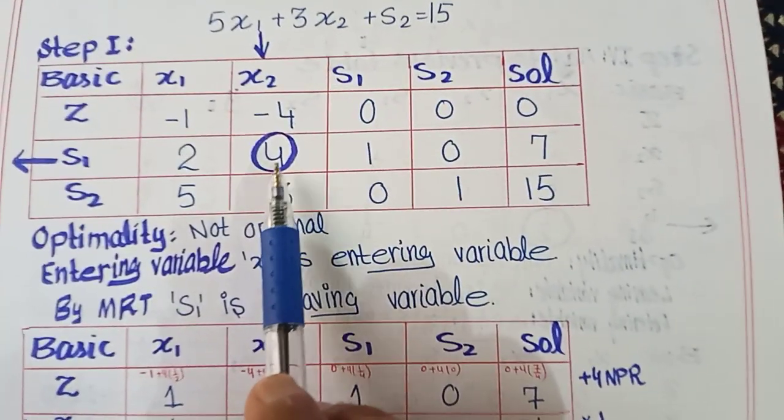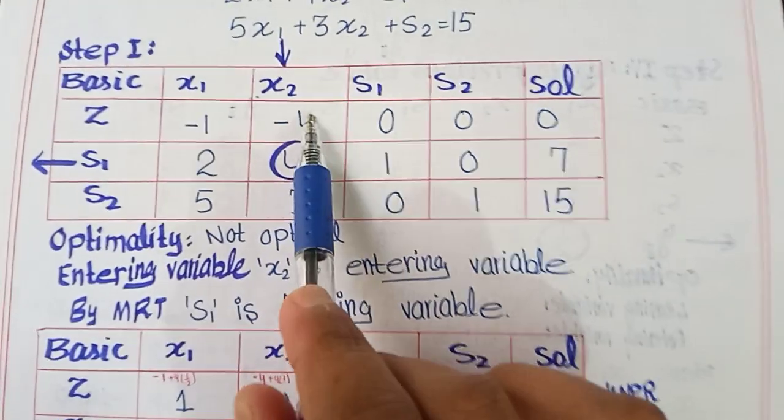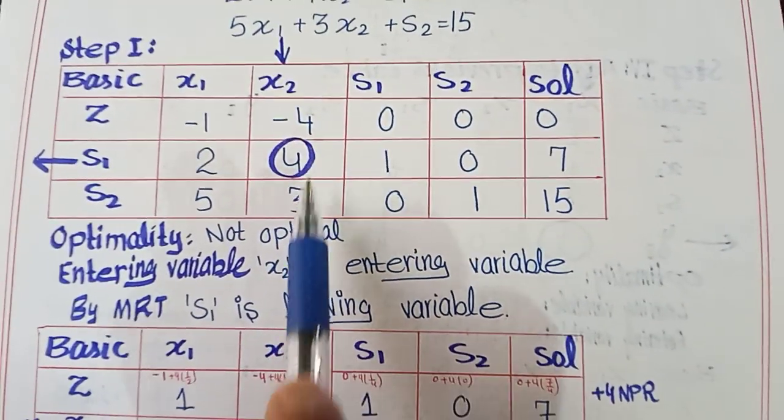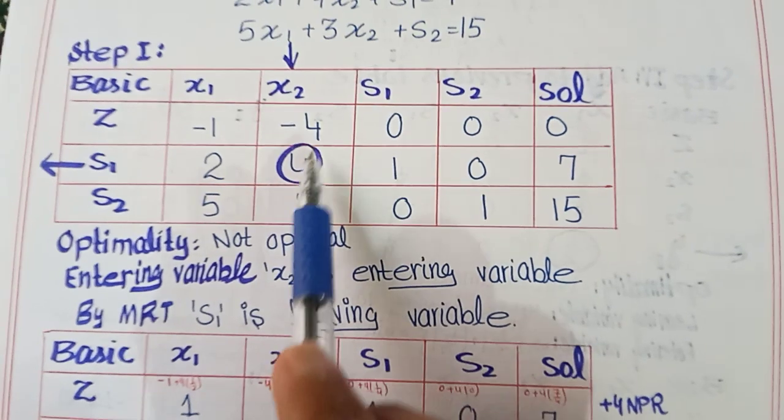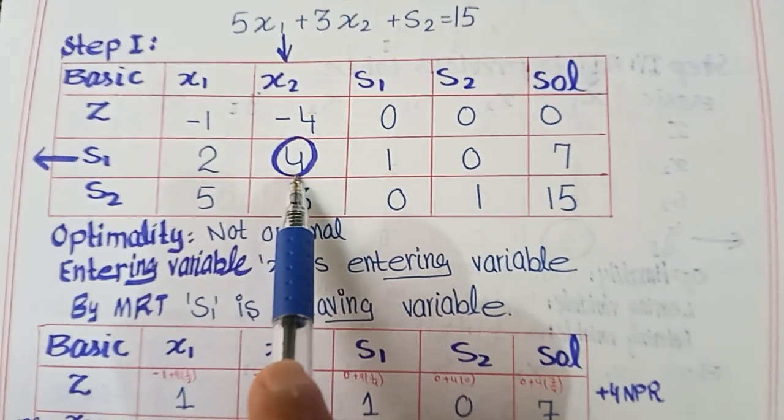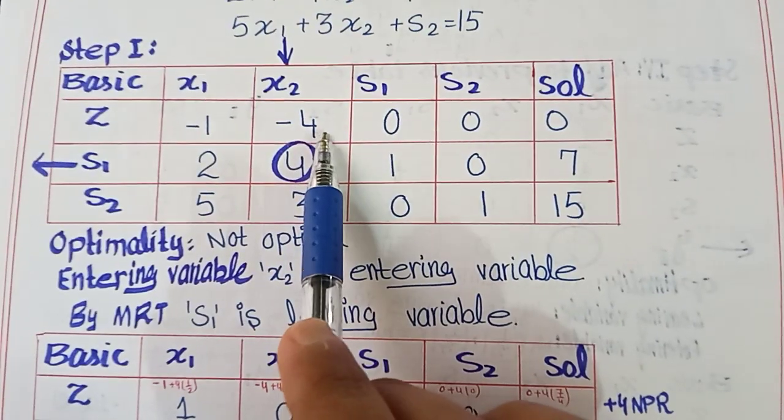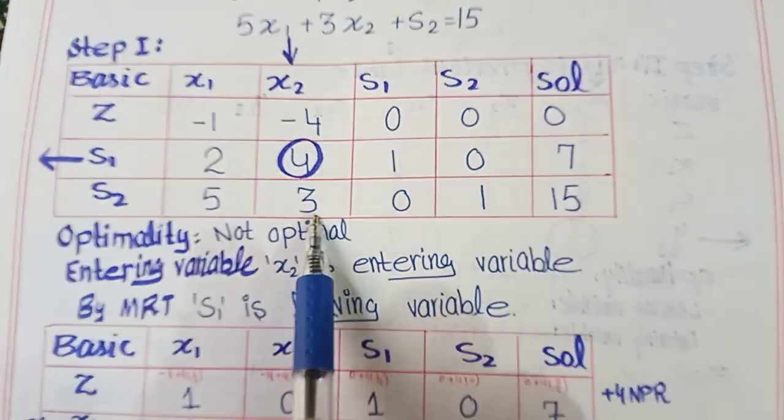Next, apply the row operations to convert the pivot column to one and the others to zeros. -4 and 3 convert into zeros. Multiply by 1 over 4 to convert the pivot to 1. -4 plus 4 times the new pivot row, -3 times the new pivot row.